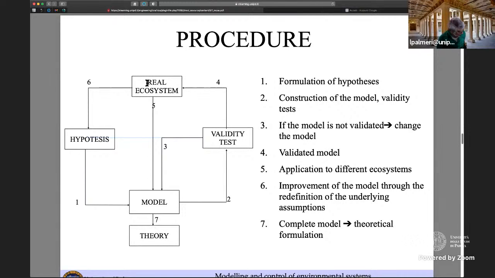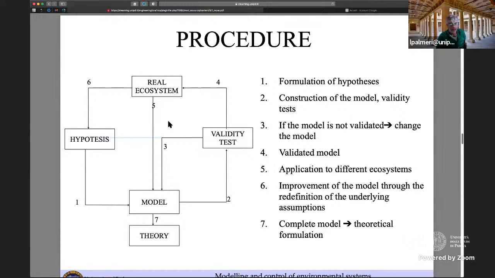In particular, to apply it to different systems, we will apply the model to a different lake in order to verify if the model works. Once you apply it to different systems, you may recognize that the model needs to undergo some improvements, for example, through the redefinition of the underlying assumption.